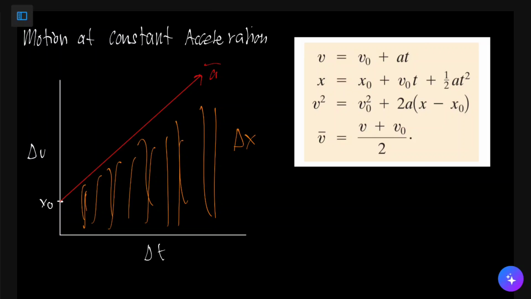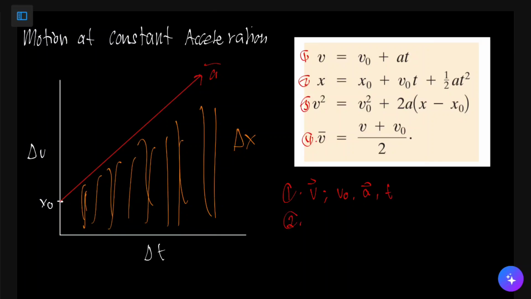I won't go in depth with the derivations for these equations, but I want you to know that during a constant acceleration of an object, if you are trying to find the velocity of an object, you can use number one. If you are finding the velocity, given that you have your initial velocity, your constant acceleration, and your time, you can use number one.